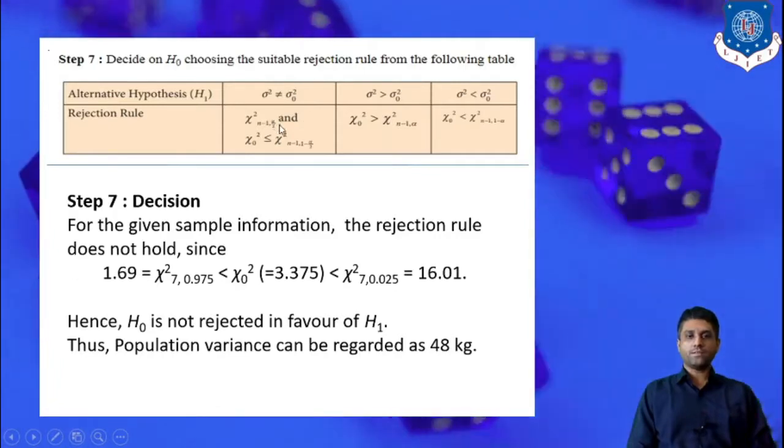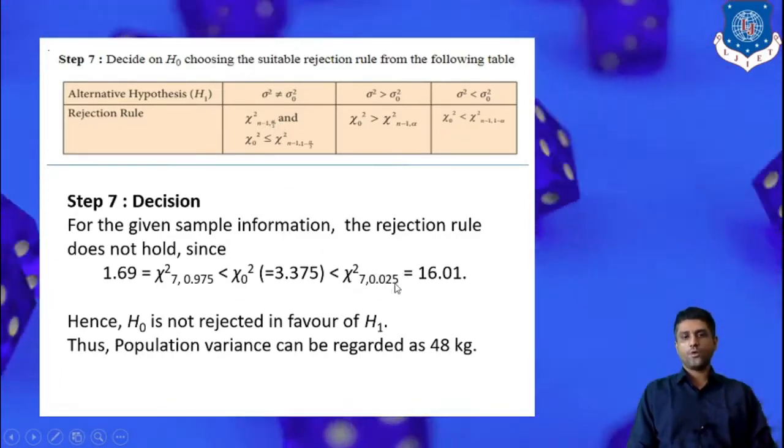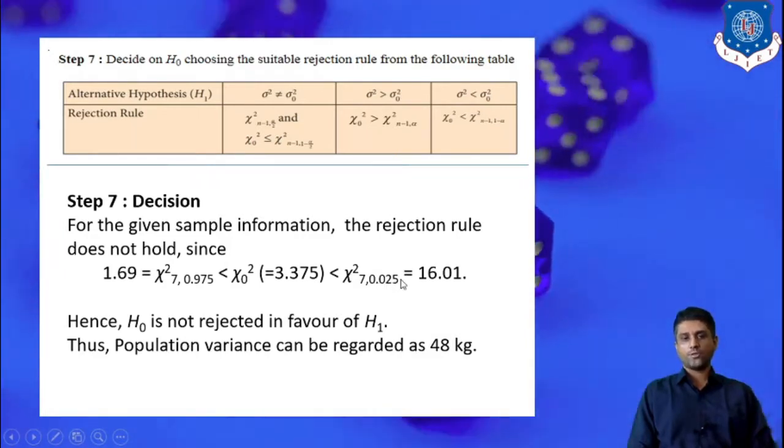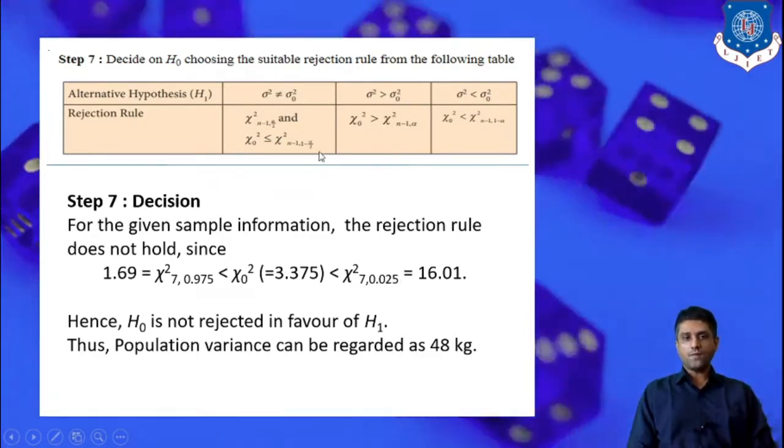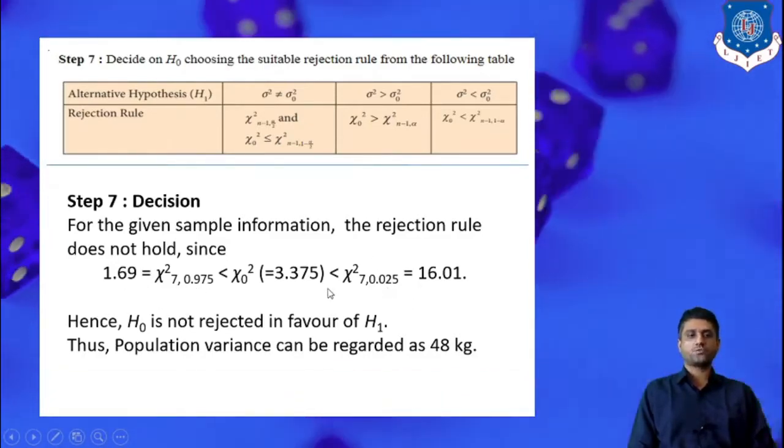Alpha 5%, that is 0.05 divided by 2, so it leads to 0.025, and 1 minus alpha by 2 leads to this value 0.975. So that's why we take these two values.